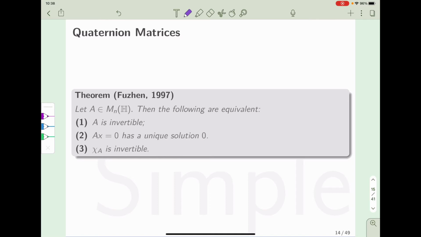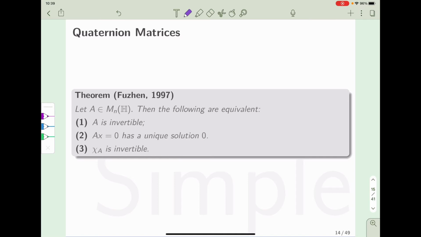Since performing elementary row operations are equivalent to multiplying the corresponding elementary matrices on the left side of A, we can see that both A and A inverse can be written as a product of elementary matrices. And if we multiply this product on the right side, we can recover the corresponding column operations.